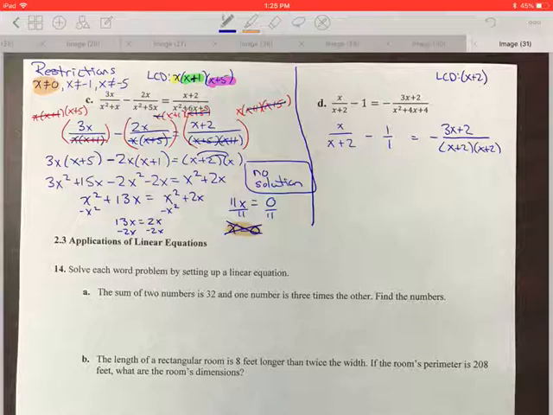I don't really need a 1. Multiplying by 1 doesn't change anything. But when I come over to my last one, I have 2 x plus 2's, which means I need both of them. All right, so my restriction is going to be anywhere where x plus 2 is equal to 0, and that occurs when x is negative 2. So that means if I get an answer of negative 2, I'm going to have to throw it out.